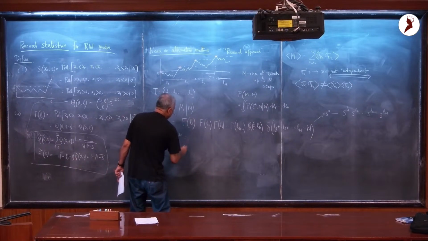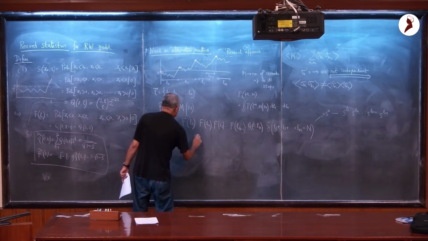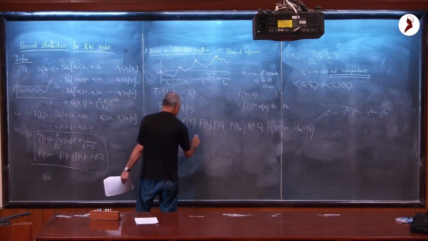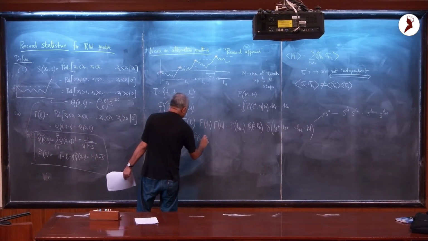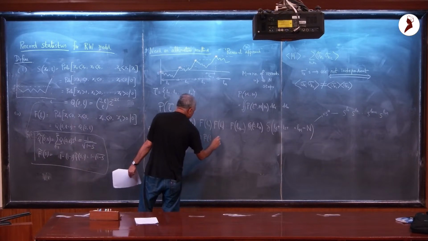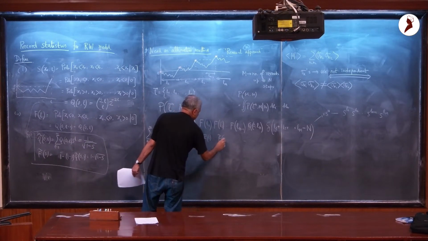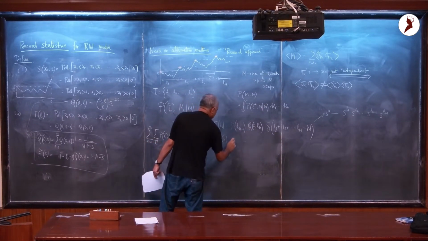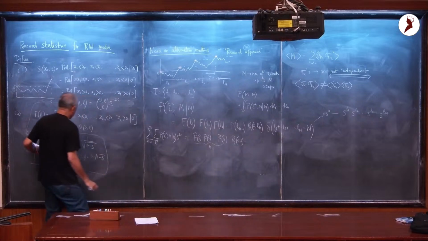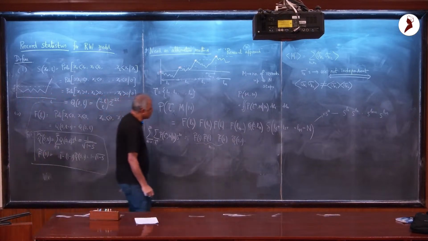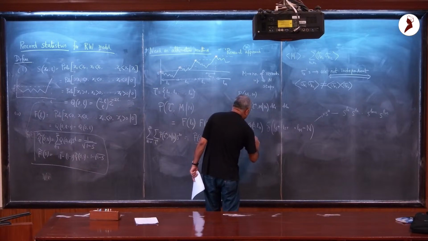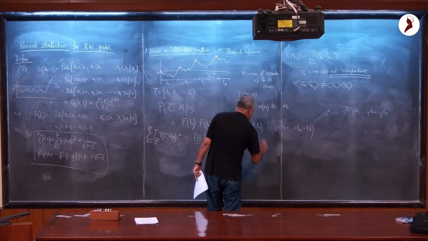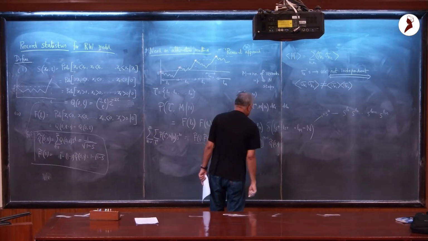You convince yourself that this is nothing but exactly what we needed: a generating function of each factor. There are m minus 1 such factors, and then this is just Q tilde 0 of s, which is also specified here. So the answer is f tilde of s to the power m minus 1 times Q tilde 0 of s.